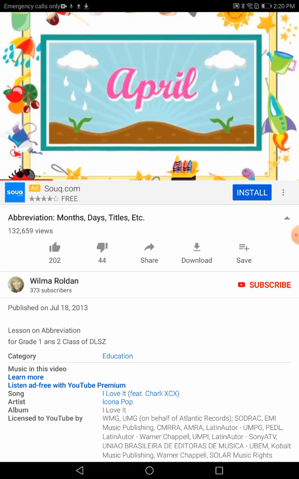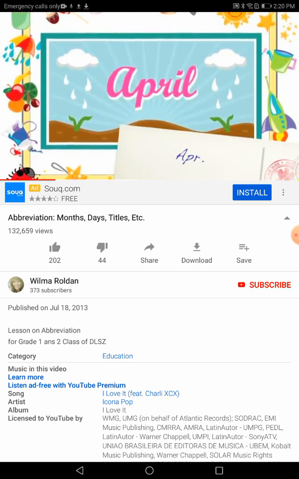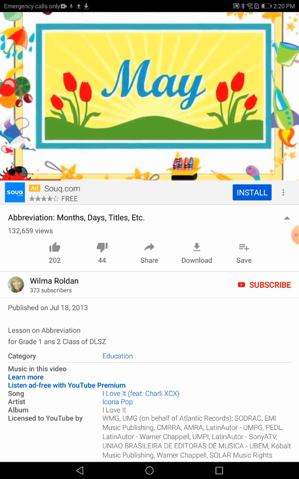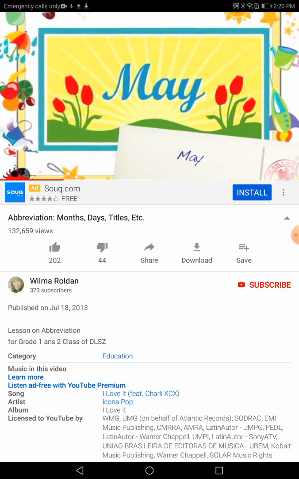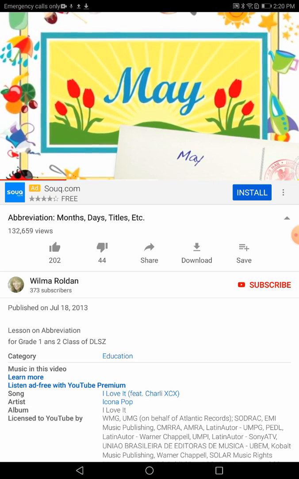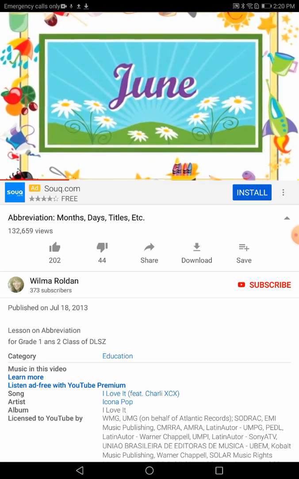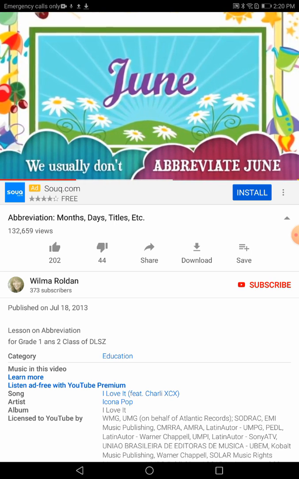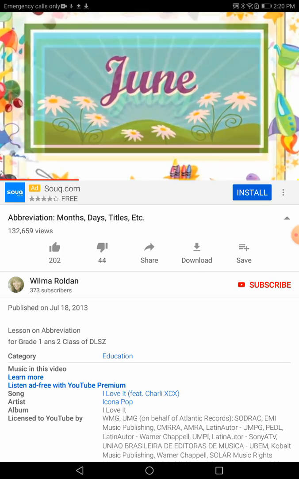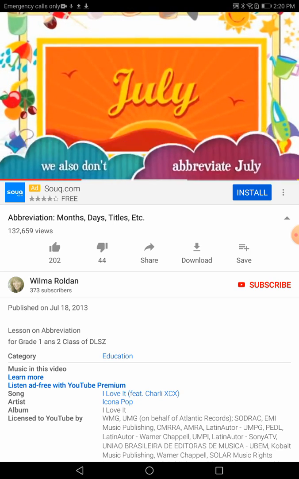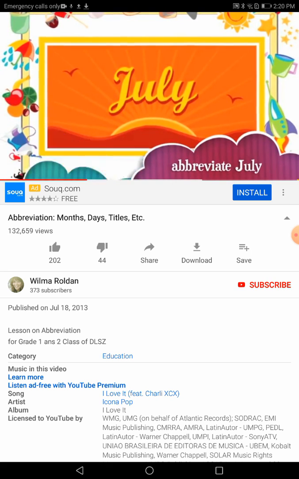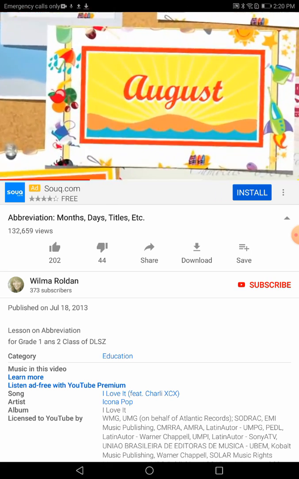April, the abbreviation is APR with a period. May, the abbreviation is MAY. June, the shorter form is the same. For July, the same, no change for June and July.